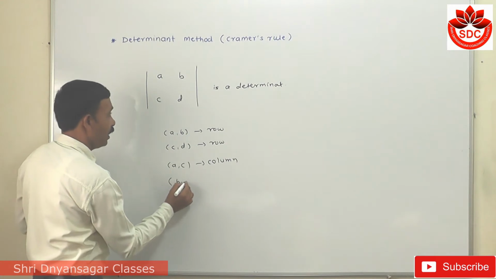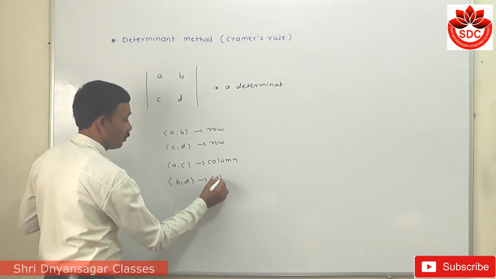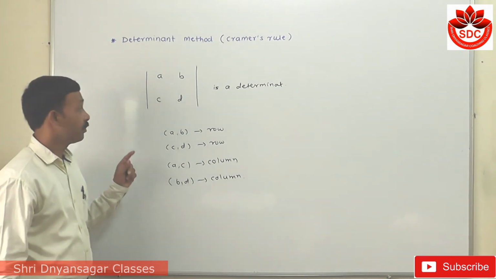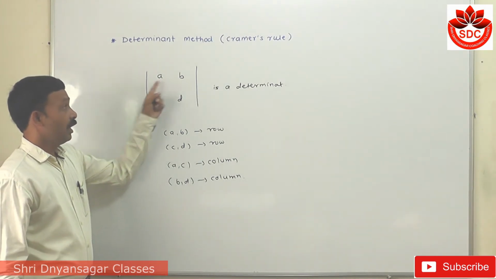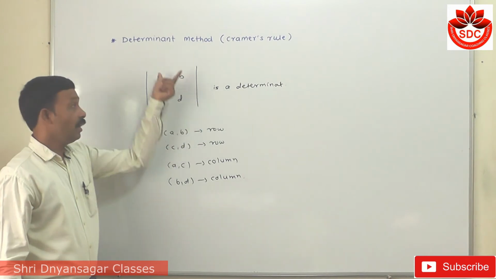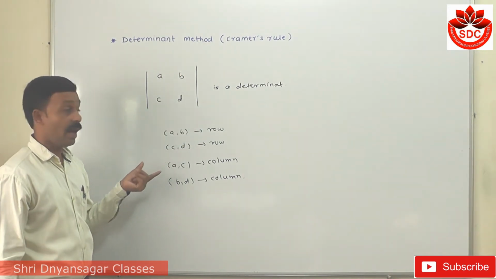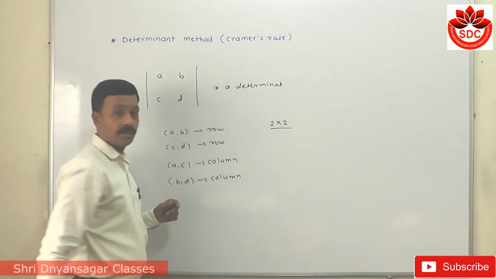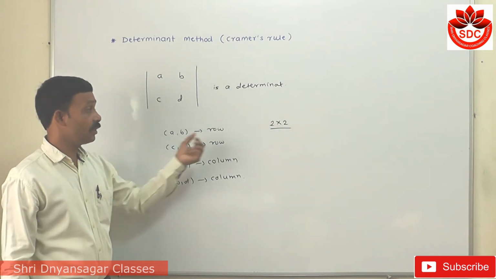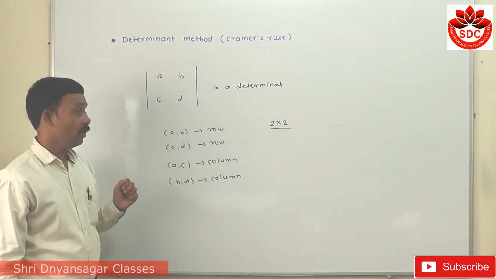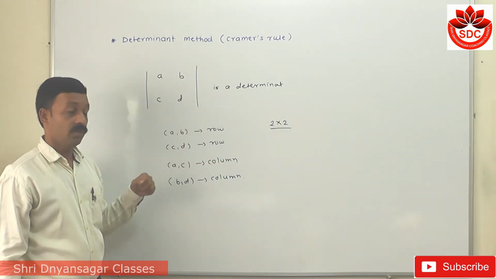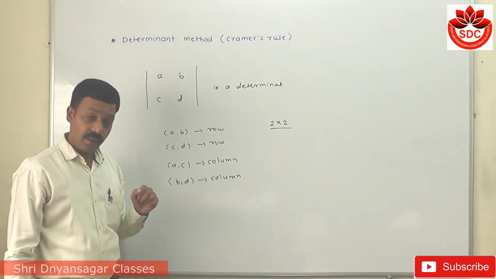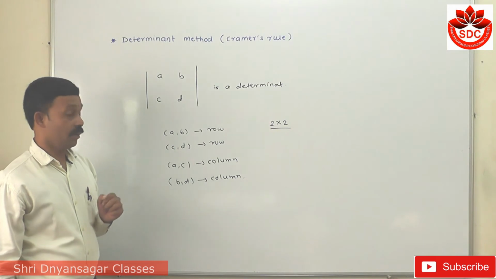In this determinant there are two rows and two columns, so it is called a 2 by 2 order determinant. This year we discuss only 2 by 2 order determinants. Next year we will discuss 2 by 3 and 3 by 3 orders of determinants.